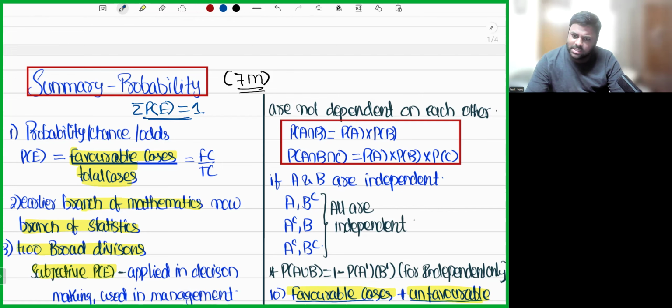Unfavorable cases are cases which do not favor the event. Total cases will be favorable cases plus unfavorable cases. Total cases is also called sample space. The probability of total cases or sample space is equal to 1. Sum of probability is always equal to 1. The range of probability is 0 to 1, 0 being impossible, 1 being a certain or sure event.